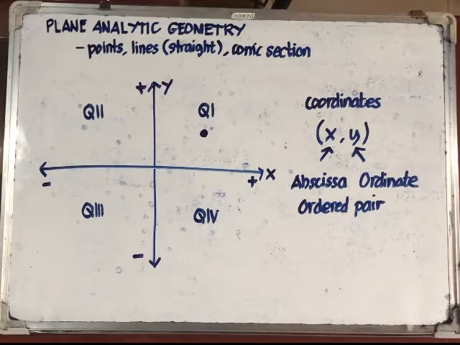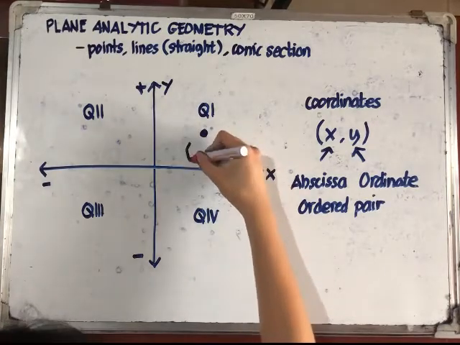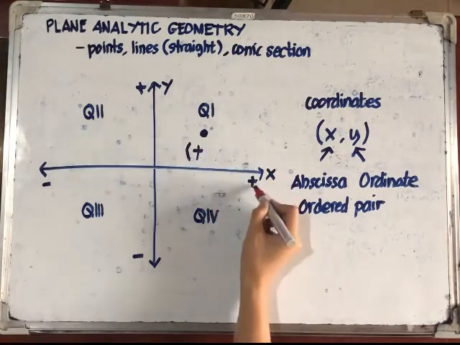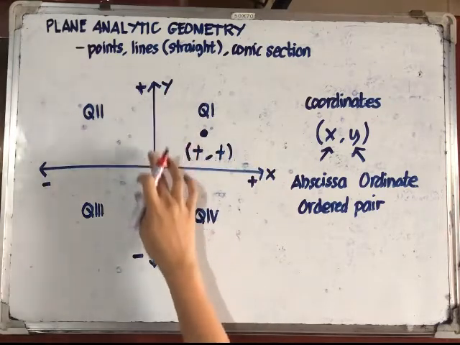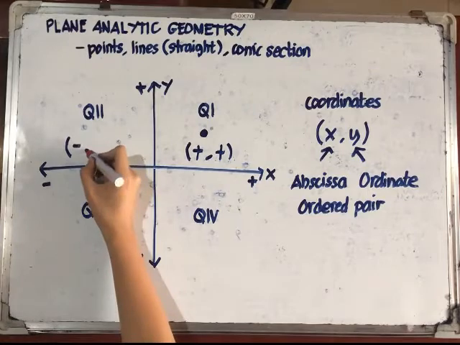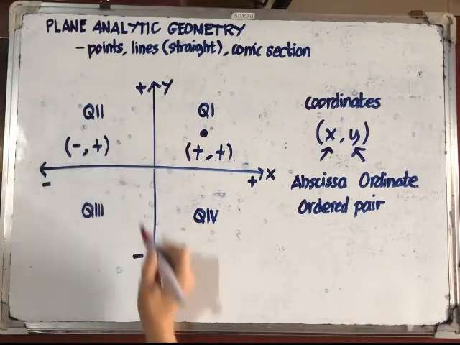So we would know if it is in quadrant 1, quadrant 2, quadrant 3, or quadrant 4, respectively. If your point is in quadrant 1, you should expect that the x coordinate is positive and the y coordinate is positive. In quadrant 2, the x-coordinate is negative, but the y-coordinate is positive.